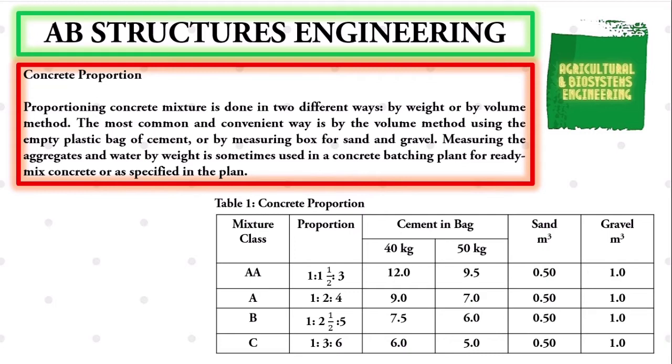Measuring the aggregates and water by weight is sometimes used in a concrete batching plant for ready-mix concrete or as specified in the plan. In volume method, we always use the table shown on your screen right now, as basis on the quantity of the cement, gravel and sand that we will be solving later on. This table is based on Max Fajardo's book named Estimate.